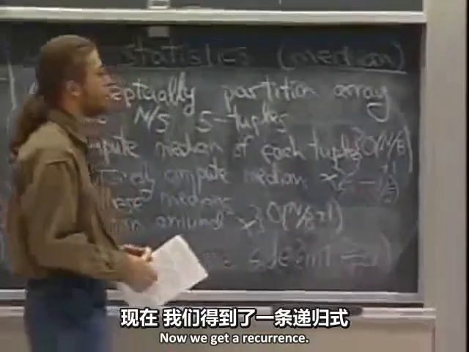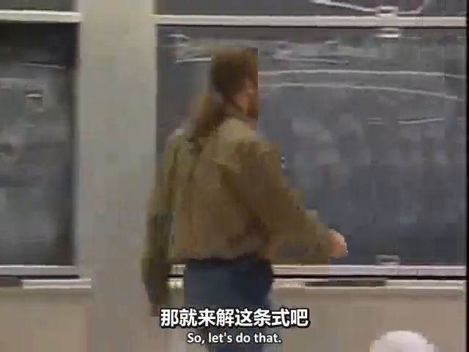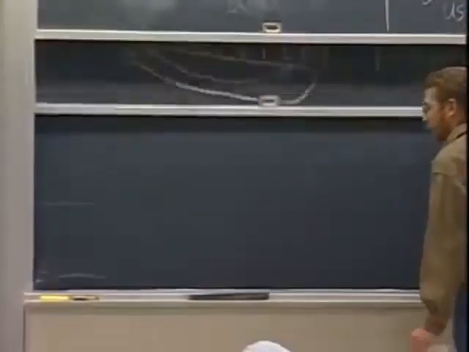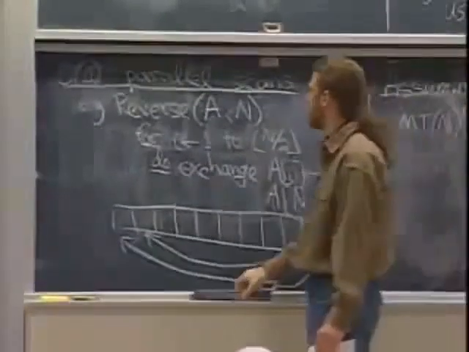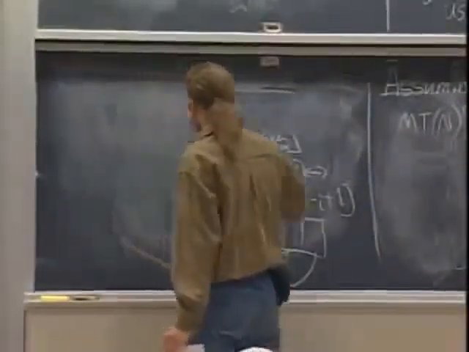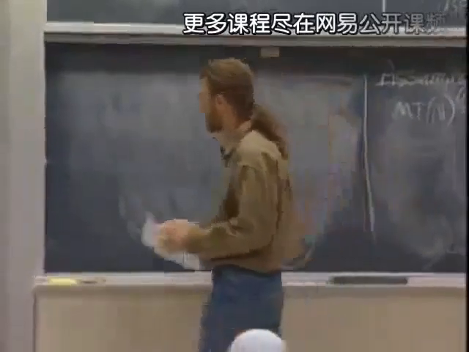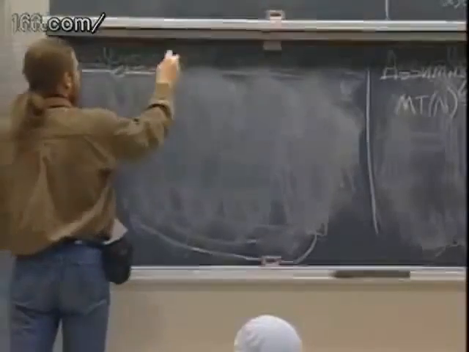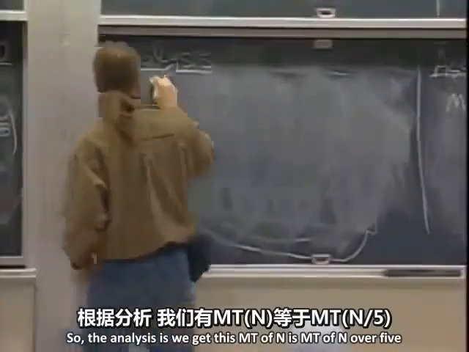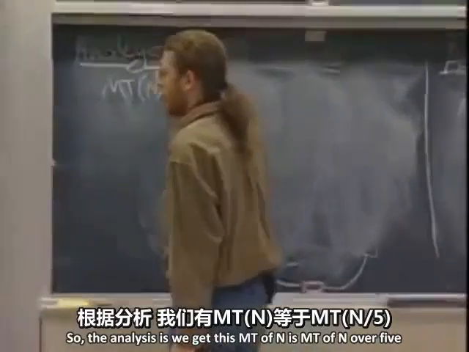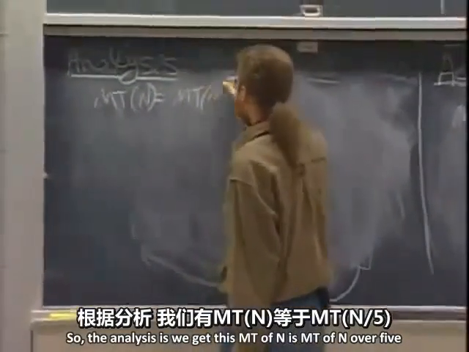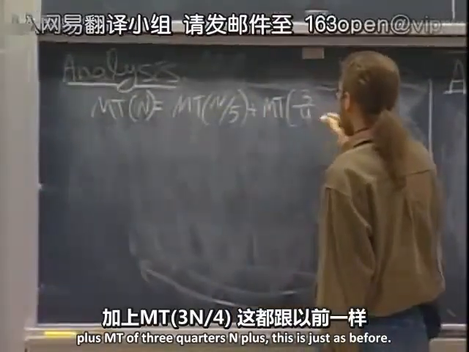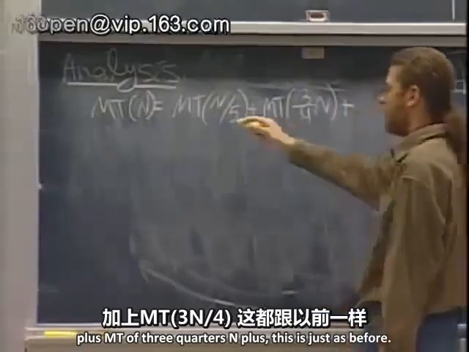Now we get a recurrence. So let's do that. So the analysis is we get MT of n is MT of n over 5 plus MT of 3/4 n plus, so this is just as before.